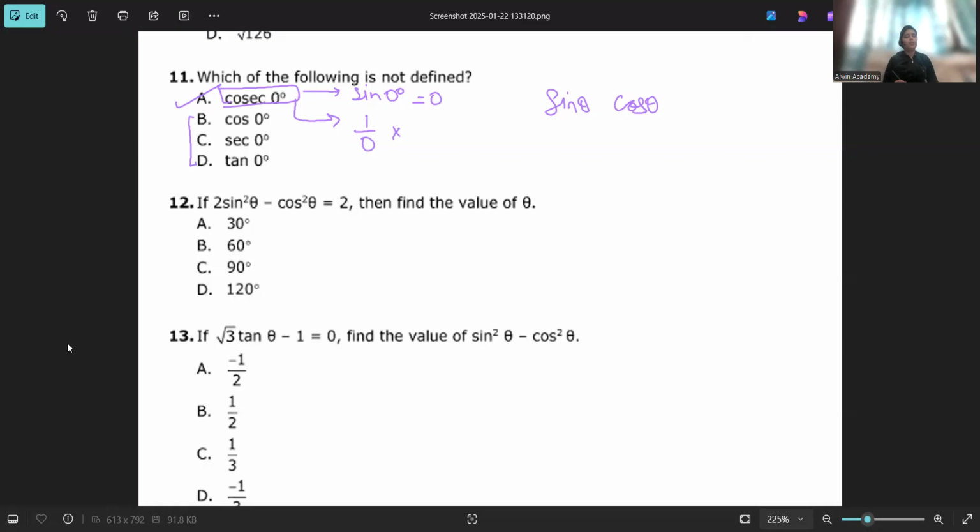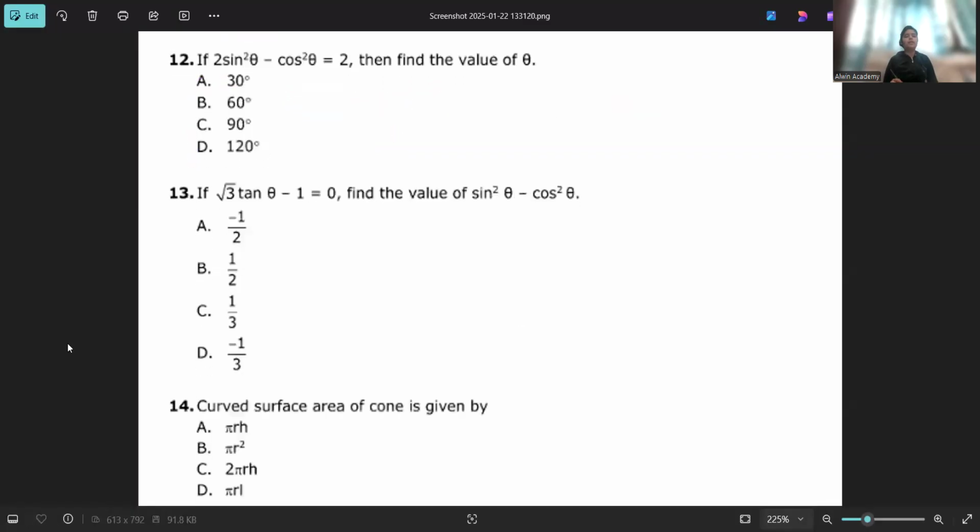Moving to the next question, if 2 sine square theta minus cos square theta is 2, then find the value of theta. Now this is actually a very simple question. I know this particular identity which says sine square theta plus cos square theta is equal to 1. So from here I can say cos square theta is equal to 1 minus sine square theta.